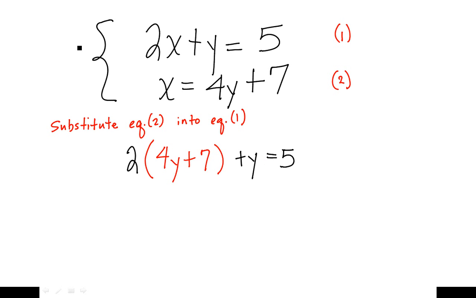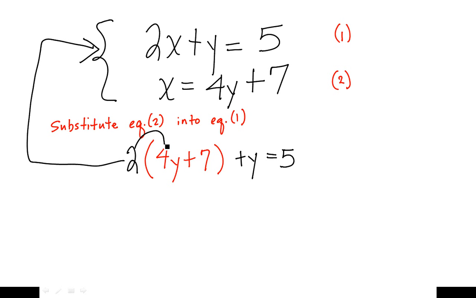I just rewrote the first equation back over, but instead of writing 2x, I wrote what x was equivalent to, 4y plus 7. And now notice that I only have the y variable in my equation, therefore I can solve for y.